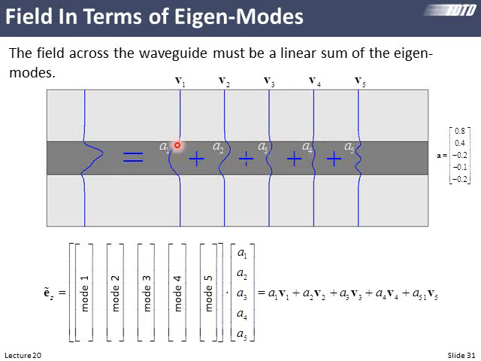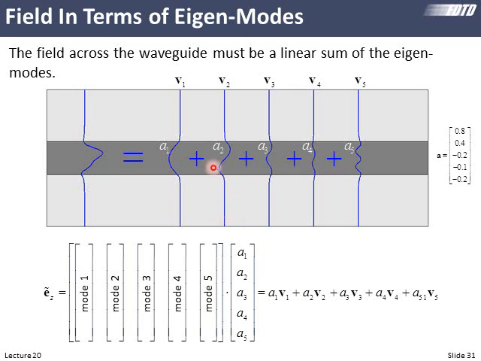So if we multiplied our fundamental mode by some complex amplitude term A1, we multiplied our second order mode by some complex amplitude A2, and so on, and we added all of these up, there has to be some set of weights that gives us this field. So the trick is, given this field that we simulated in finite difference time domain, how do we calculate the complex amplitudes of all of those modes?